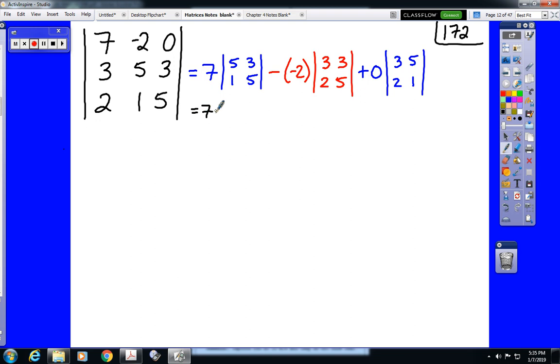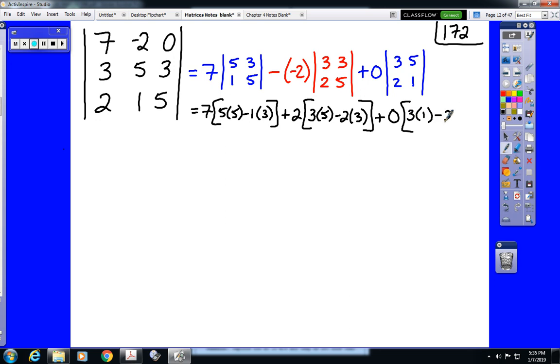So that's 7 times 5 times 5 minus 1 times 3 plus 2 times 3 times 5 minus 2 times 3 plus 0 times, and it doesn't matter if we screw this up or not because it's going to go away when we multiply it by 0 anyway.